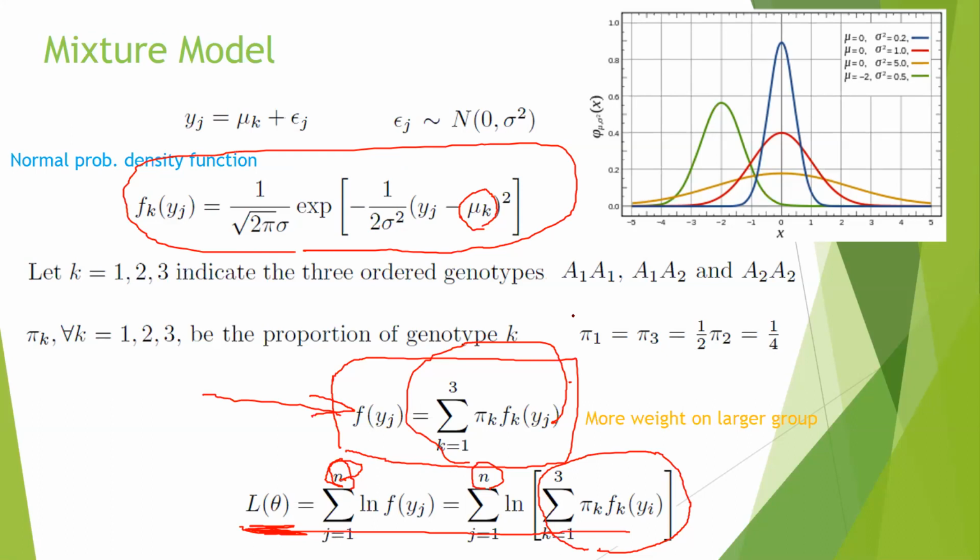But the situation here is a little bit different because this is a missing data problem, right? Because we do not know the genotype data for this locus among this F2 progeny. That's why we use the mixture model here. Any questions? I would like to go slower to make sure everybody understands this.